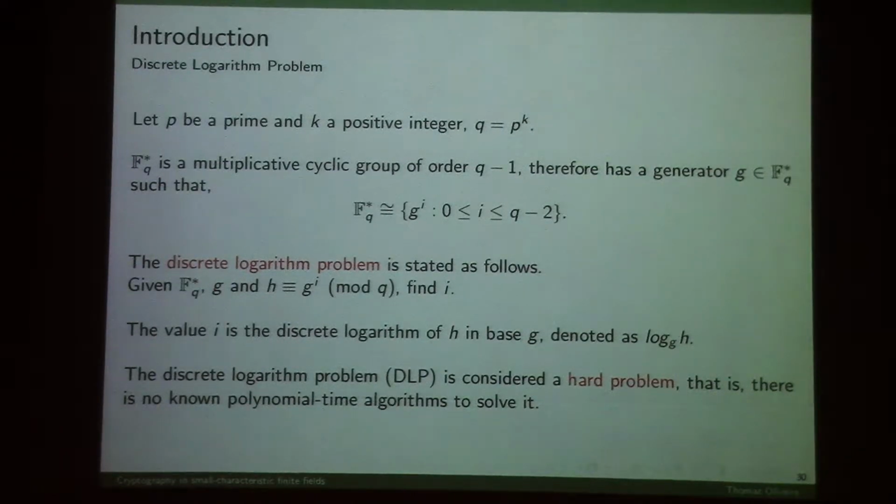However, in the last 3 years, we had very important advances in solving this problem in fields of small characteristic. And so we wanted to analyze the impact of those new advances on fields of cryptographic importance, which are pairing-friendly finite fields.